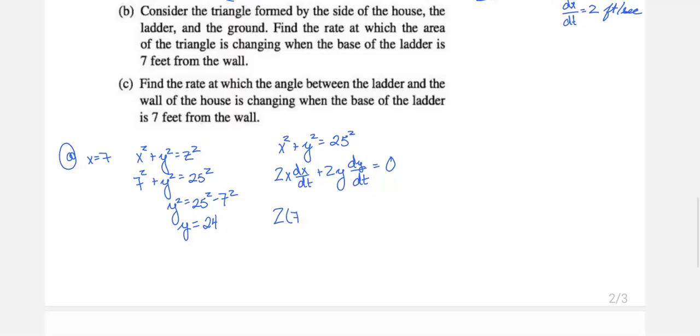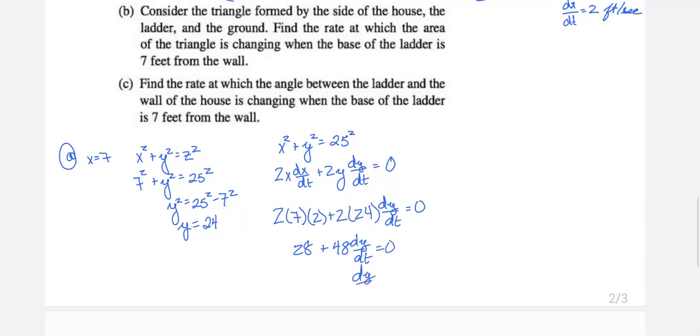Our x is going to be 7, dx over dt is 2, y is 24, and dy over dt is what we are looking for. So this is going to be 28 plus 48 dy over dt.